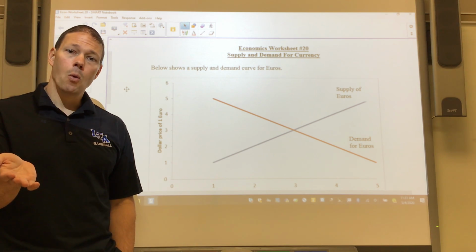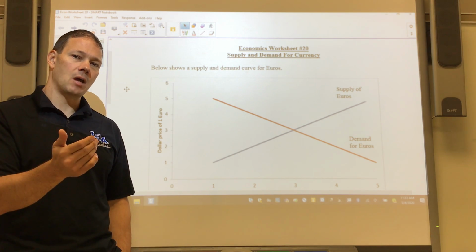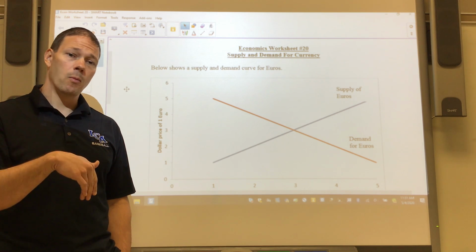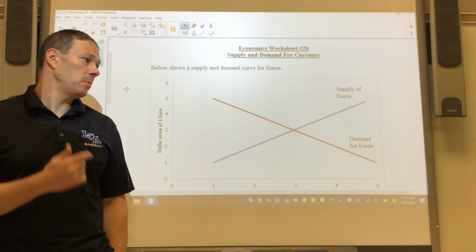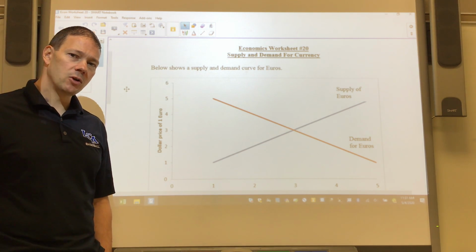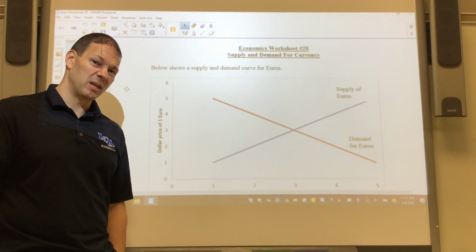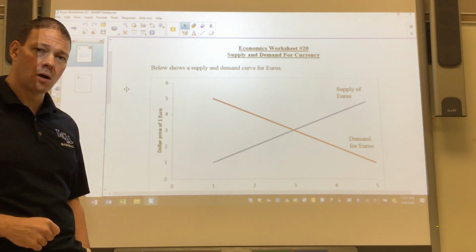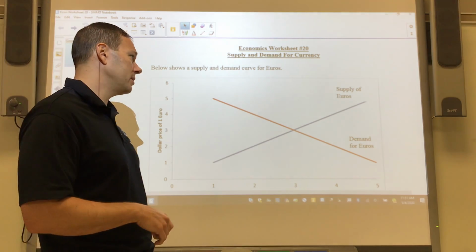You buy a stock, what do you hope happens? The value of the stock goes up, you trade the stock and you get more money than you started with. That would be a good thing. People do the same thing with currency. People buy currency, hoping that the value of the currency goes up. They sell it back. They get more money than what they started with. There are people that's their livelihood. They buy and sell currency.